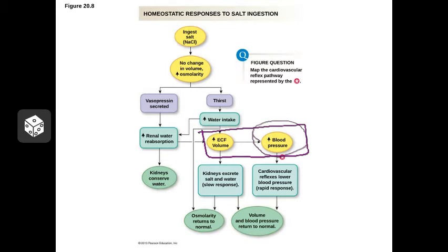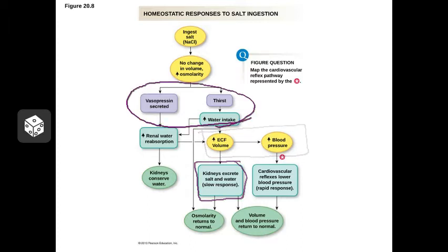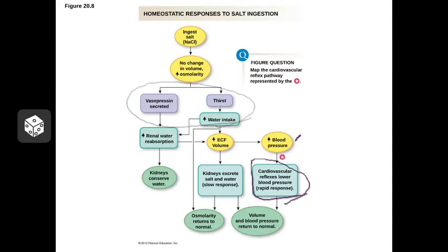The increase in extracellular fluid volume will then cause the kidneys to excrete salt and water. It's slower than this first response. And the cardiovascular center, the reflexes there, will lower blood pressure in response to the raised blood pressure.